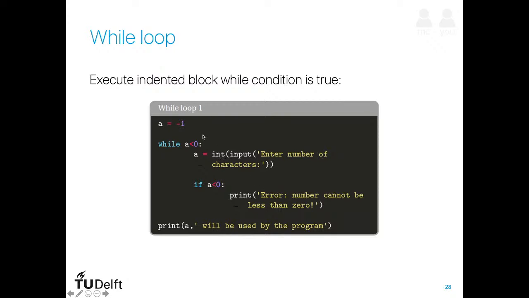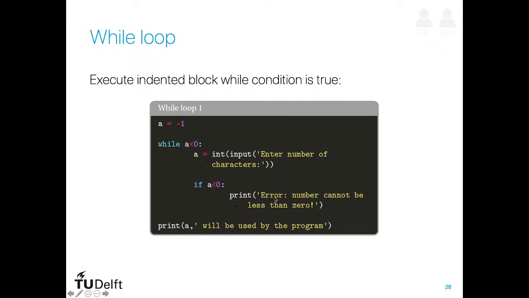So you could do, for instance, things like this. We make a starting value for something that we want to get from our user. We want to get a value for A. And for so long as that A is smaller than 0, we will ask with the input command from our user. Well, in this case we want to have a number of characters for some reason. So we'll use the input command and we'll convert with int the result to an integer and put it into A. And if the user enters a negative value, then we will print this message.